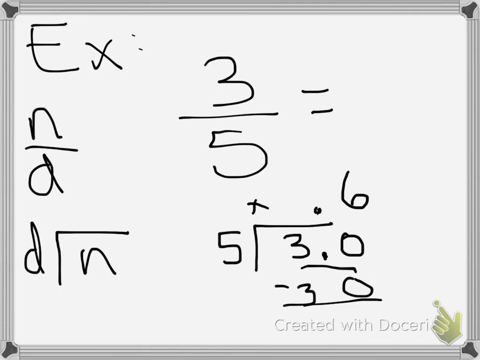And we subtract, because division is just repeated subtraction. 30 minus 30 is 0. So, am I done? Yes, I am. As long as at the very bottom you have a 0, you are done. Okay? So our answer is 0.6 as my decimal.